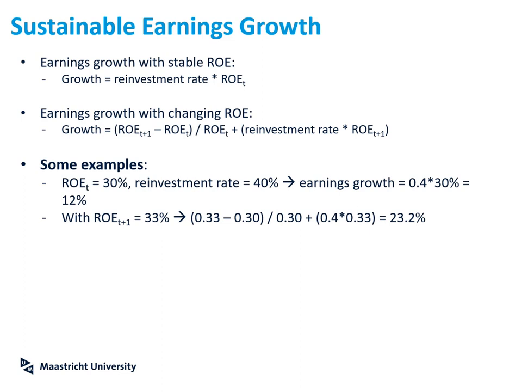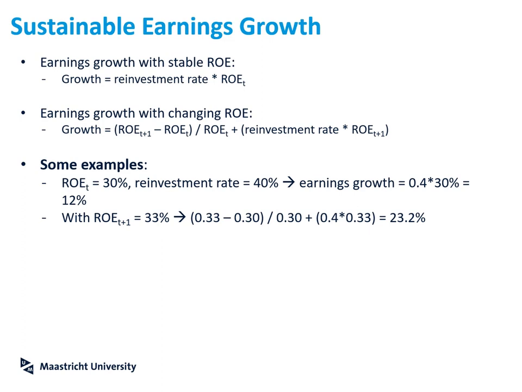So in this case, if ROE is going to change, we have two sources of earnings growth. The reinvestments that we're going to make that are going to earn this ROE, but also the existing assets, which now have an ROE of 33% instead of an ROE of 30%.